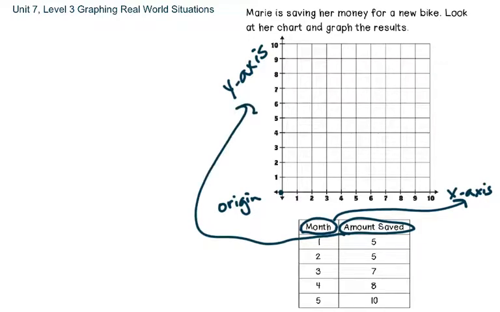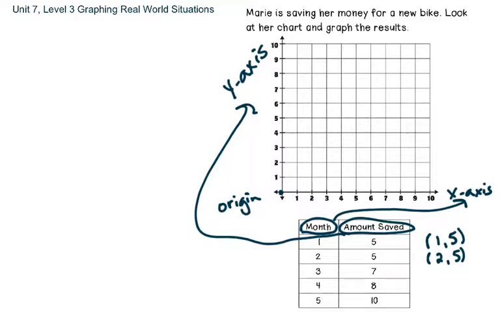So all I'm going to do is create x coordinates and y coordinates, or those ordered pairs, in order to graph these. So for example, for month number 1, my x coordinate is going to be 1, and my y coordinate is going to be 5. And I've created an ordered pair. It's as simple as that. For month 2, my x coordinate will be a 2, and my y coordinate will be a 5.